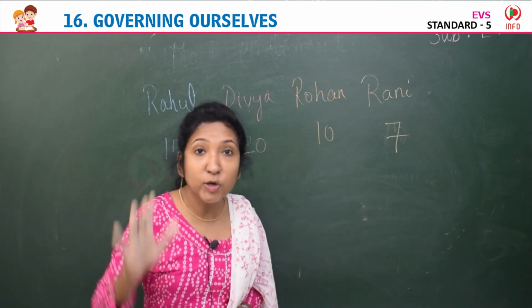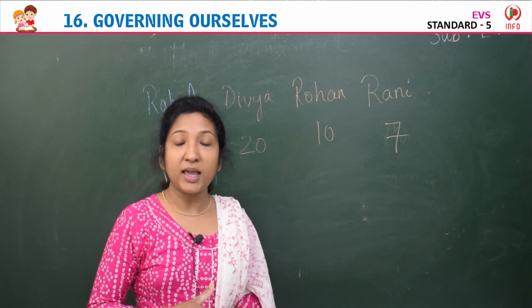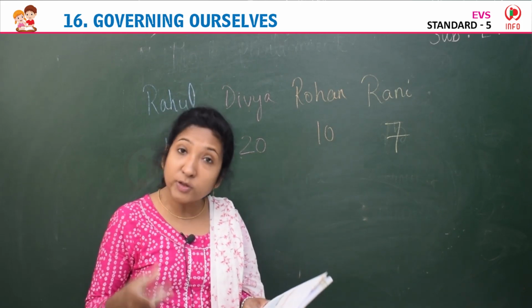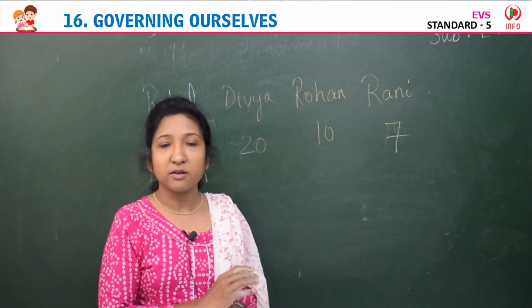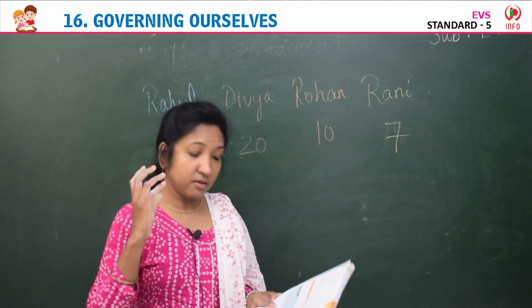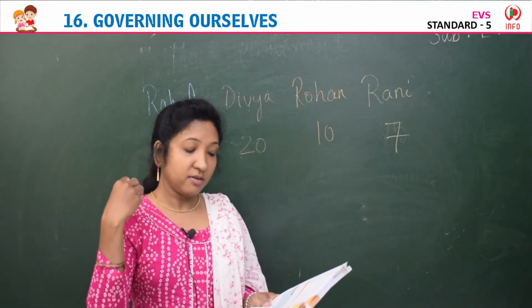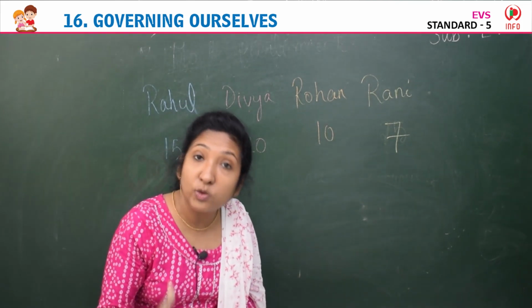If the government is not doing its duties properly, the people can criticize. They can even oppose its policies, but peacefully, without any violence, without breaking the rules or laws.